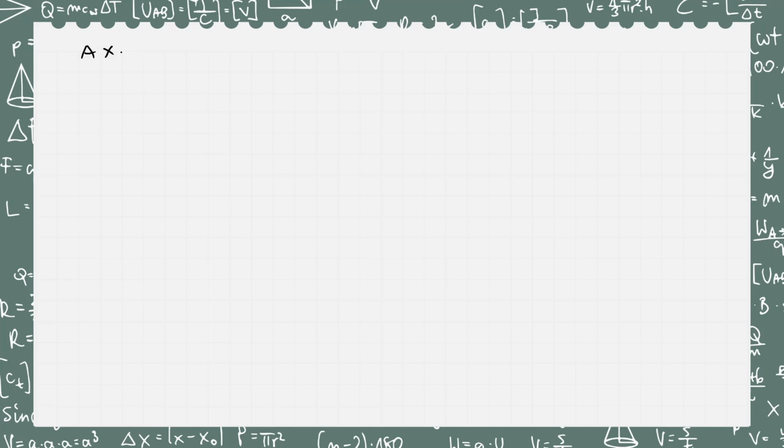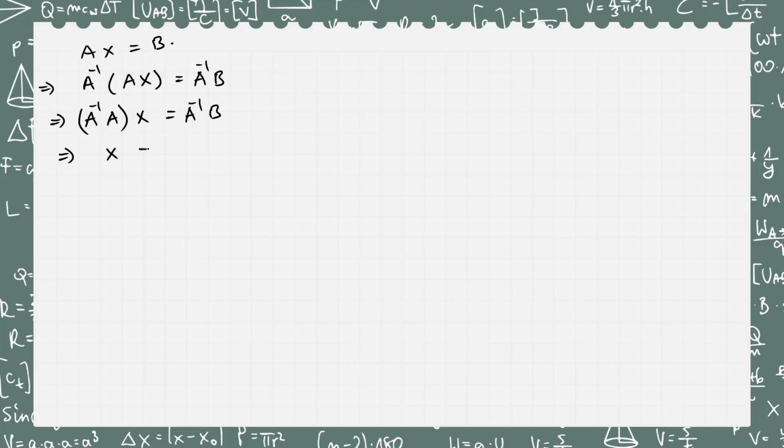So Ax equal to B implies when we multiply by A inverse on both sides, we have A inverse into Ax equal to A inverse into B. That implies A inverse A into x because multiplication is associative. So this will give you I matrix, right? A inverse into A is identity matrix. So I into x will be x only.